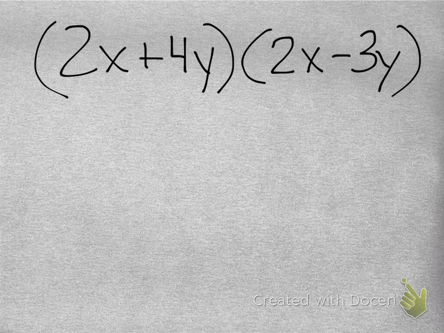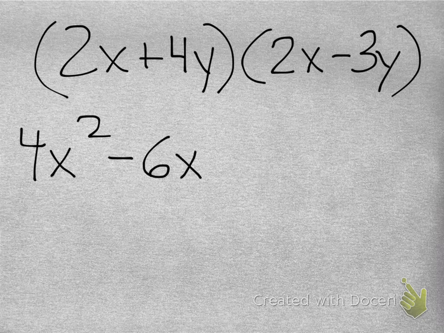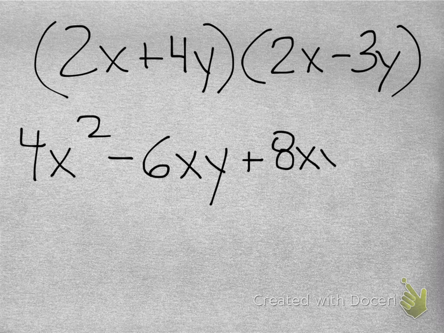So 2x times 2x would be 4x squared for the first terms. Then we have the outer terms, 2x times negative 3y, negative 6xy. Then we have the inner terms, 4y times 2x, that's plus 8xy.